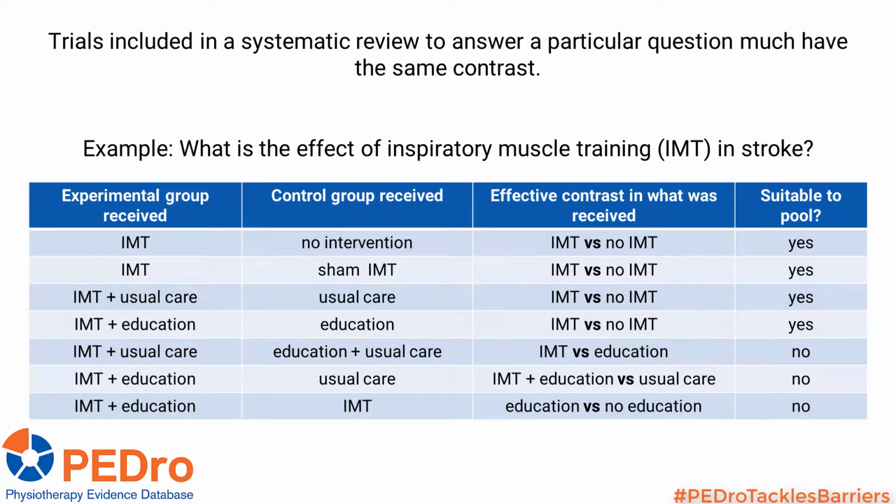And then in those examples, you can't tease out what is the effect of inspiratory muscle training. You can't isolate it. And so then that sullies the whole meta-analysis, because some of the trials are answering the question you want and some of them are not. And when you pool all those answers, how do you interpret that? It becomes uninterpretable.